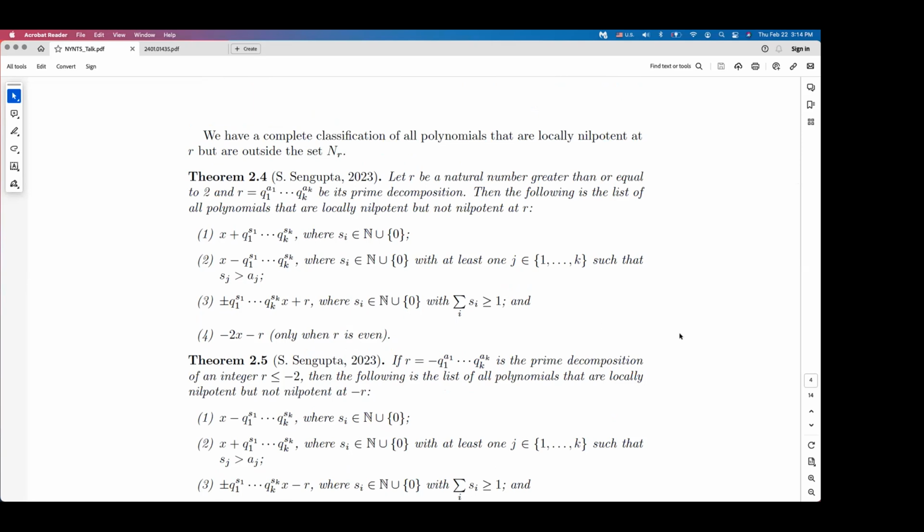And we also have a complete classification of all polynomials which are locally nilpotent at R, but not nilpotent at R. We had to stop at a certain point because the locally nilpotent polynomials turned out to be extremely hard to understand, because ultimately we are looking at polynomial iterations, and these are not very well understood in terms of actually classifying things.